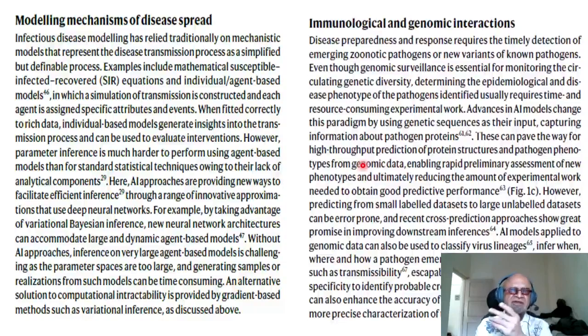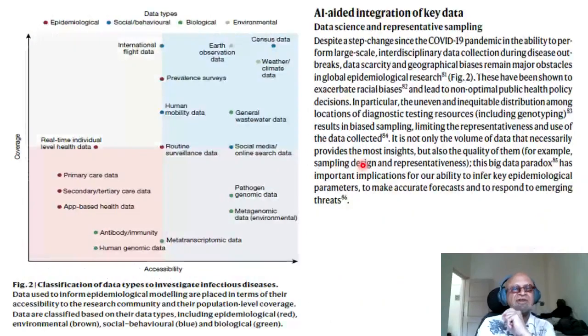Okay, it's basically trying to survive. It's not necessarily trying to make you sick, but your body thinks it's a foreign agent and wants to get rid of it by fighting ghosts, and then your body may overreact and then kill you in this process, right? So this is about classification of data types to investigate infectious diseases.